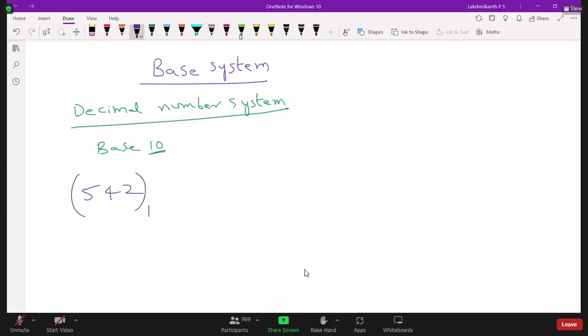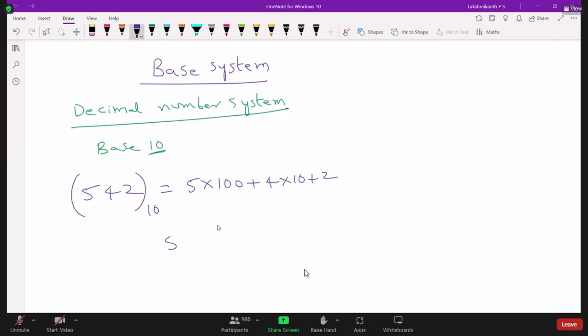Now 542 we can write as 5 into 100 plus 4 into 10 plus 2. So this is the base system, right?